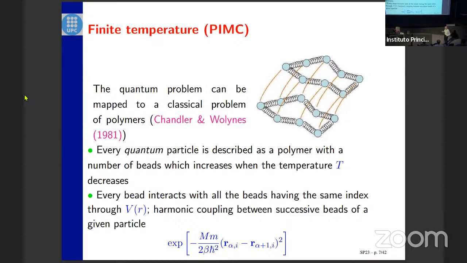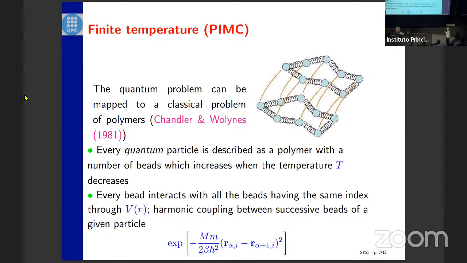This is one thing. The second thing, and more involved, is that in the case of bosons, I need to ensure that the partition function is symmetric under the interchange. So I have to sum over all the permutations in order to be symmetric. So we need to sample not only the space configuration, but the permutation configuration.